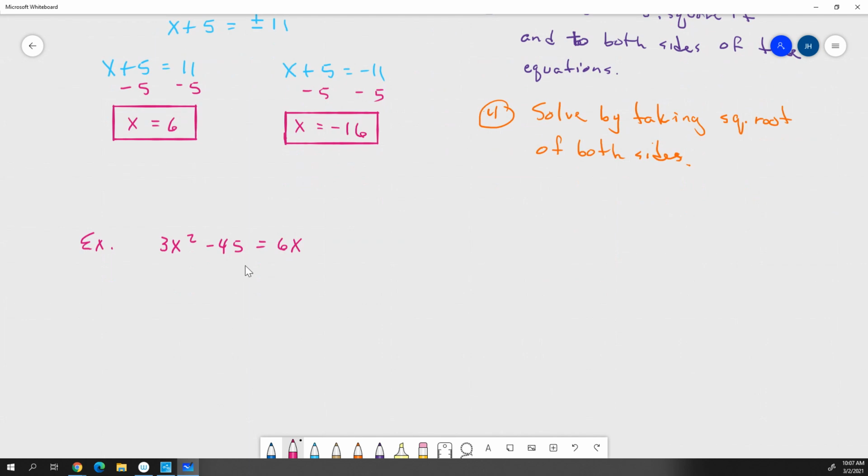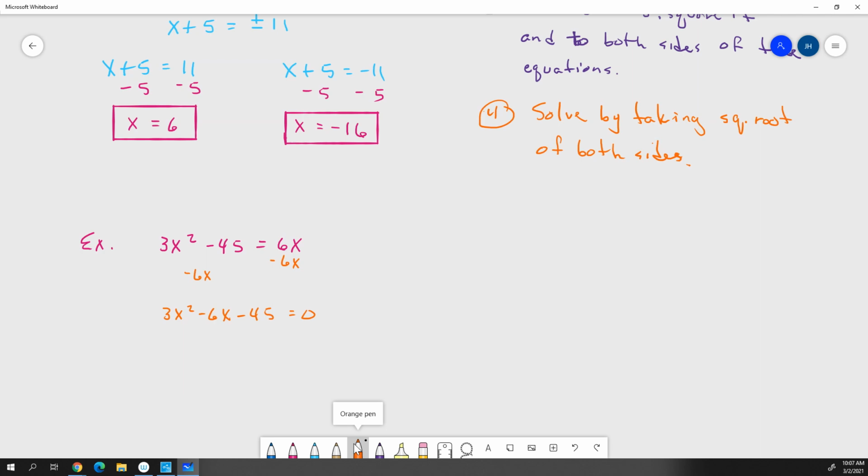So we need to get this 6x on this side, and we need to get this 45 on this side. And it's pretty simple math, right? I'm just going to subtract 6x from both sides, right? Which would give me 3x squared minus 6x minus 45 equals 0.